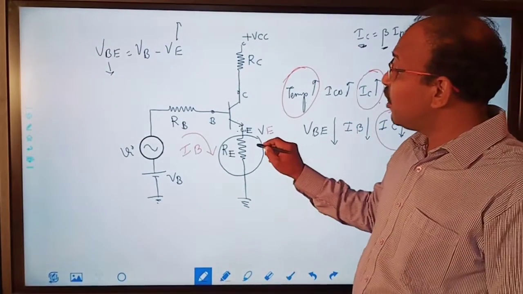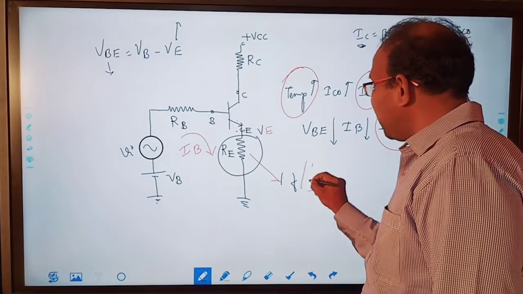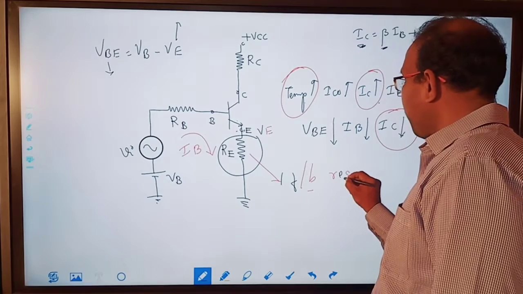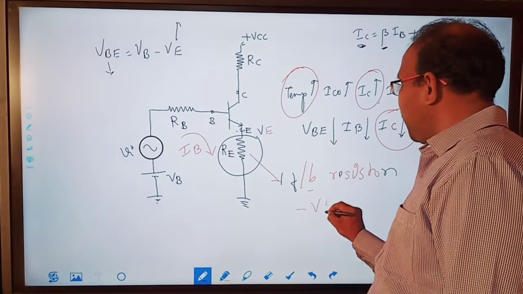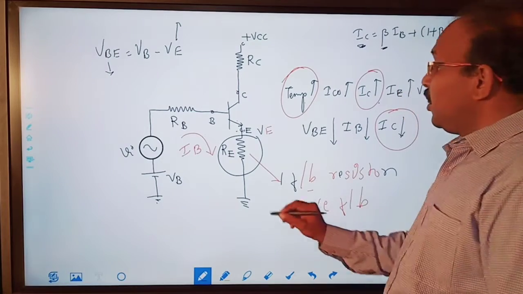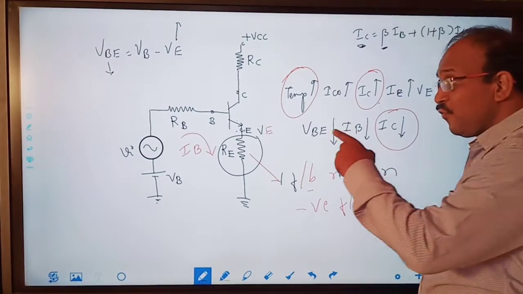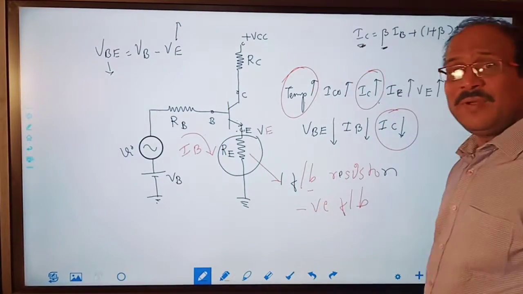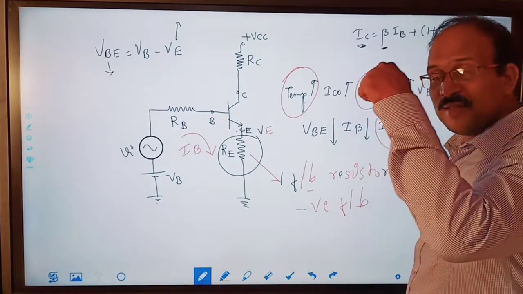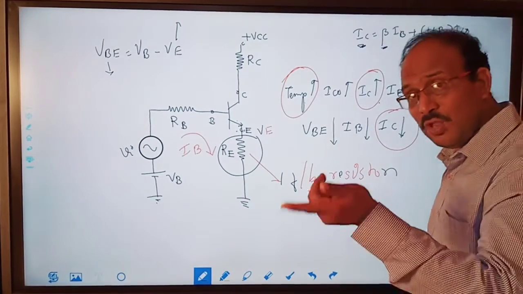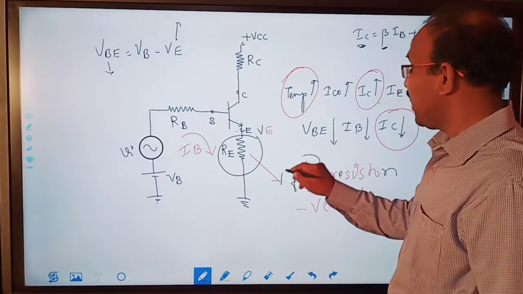So this is also called the feedback resistor, and the type of feedback is negative feedback. This RE provides negative feedback. Negative feedback will decrease the sensitivity of the transistor. That is what we want, to avoid thermal runaway.